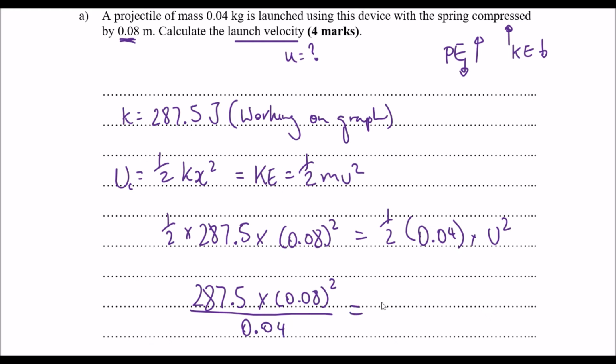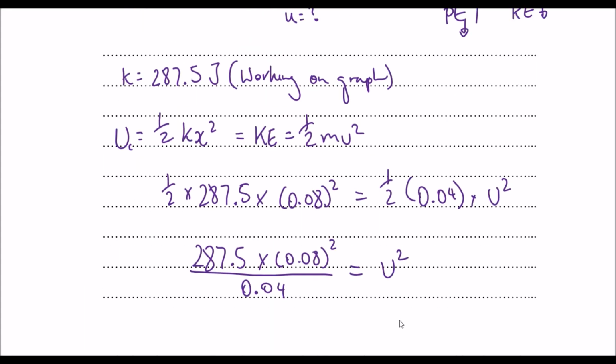Okay, so we get v squared. Obviously now we need to square root both sides, so v equals the square root of the value we just wrote up there. Obviously, if you think it's tedious to do this step up here and just go straight to this step, that's fine too.